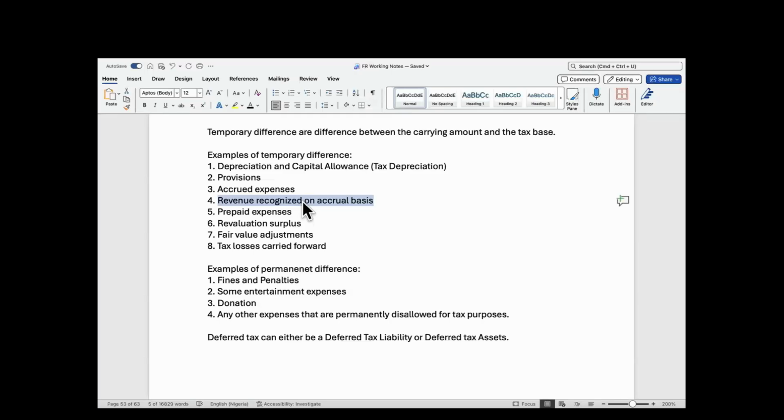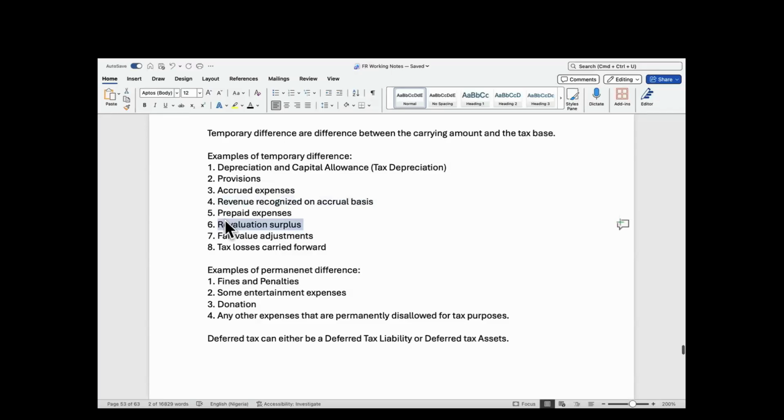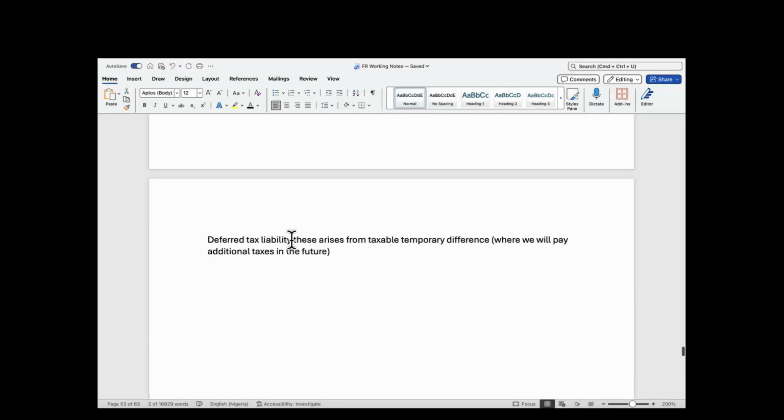Also, is this revaluation surplus where you say you have made a gain, but the taxman says, where is the money? The taxman will not tax it now, but that disagreement will make you pay additional tax in the future. That is a taxable temporary difference. It usually results in a deferred tax liability.